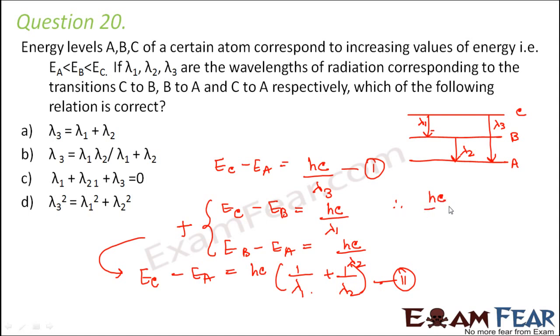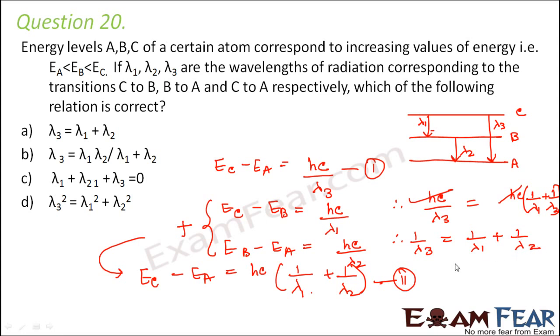Therefore we can equate the right hand side. So we can write HC by lambda 3 is equal to HC into 1 by lambda 1 plus 1 by lambda 2. So HC will get cancelled. Therefore, we can say 1 by lambda 3 is equal to 1 by lambda 1 plus 1 by lambda 2.